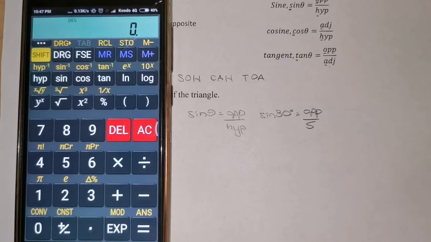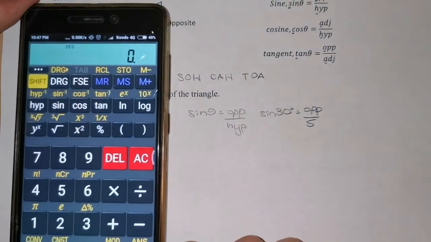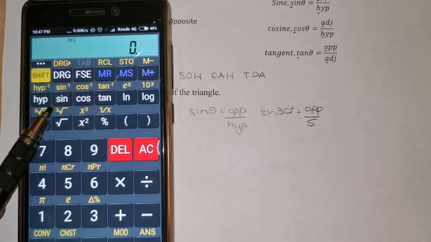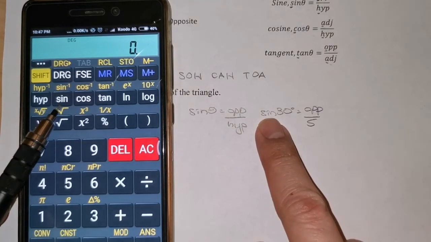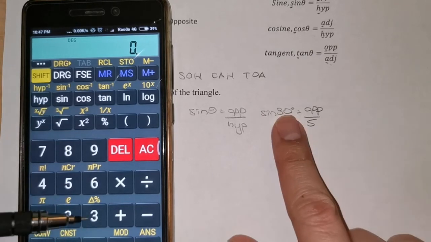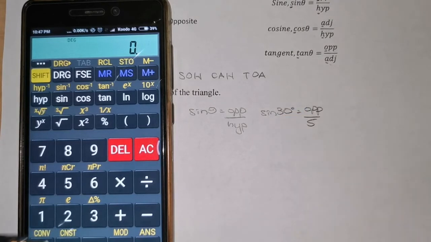If you're on an iPhone, you can just turn your phone sideways and it will bring up all these other functions. So we're looking for sine because we're working with sine. Depending on what your calculator does, some of them you might have to press the sine button first, then you put the angle, 30. Some of them you put the angle first and then you put sine. So in this calculator, I have to write the angle first, 30 degrees, and then I put sine.